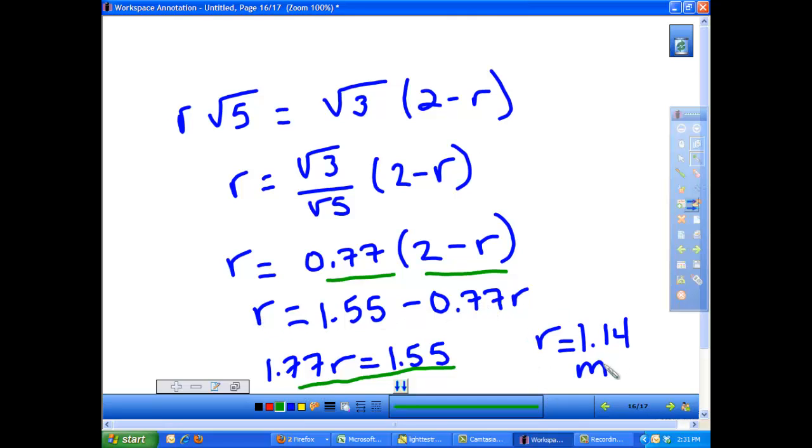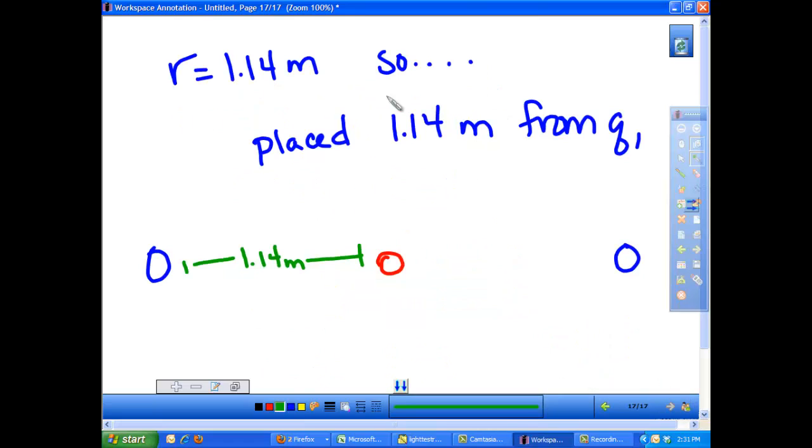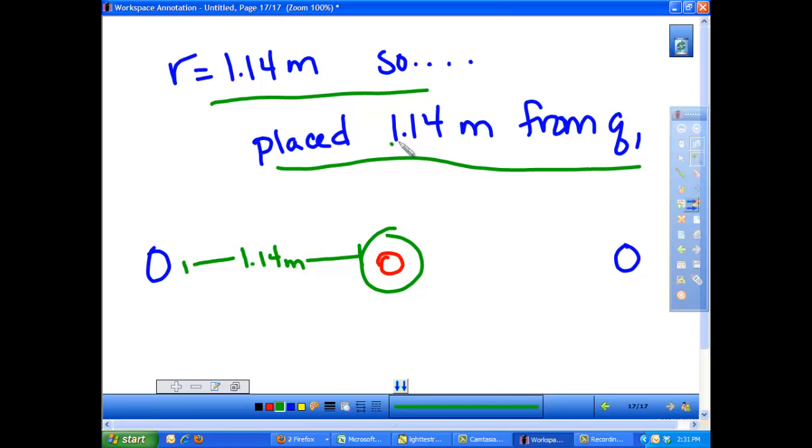And then I'm going to divide, and I get r to be 1.14 meters. Now, that means that this second charge has to be placed 1.14 meters away from this first one. So if the whole length is 2 meters, then the distance between charge 2 and 3 is 0.86.